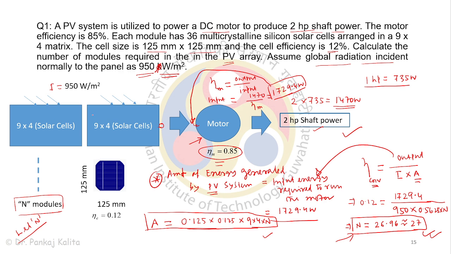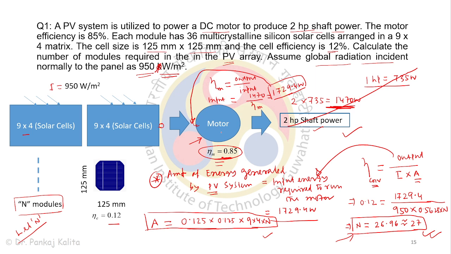So each module has 9 cross 4 solar cells. Each cell size and efficiency is given. We have been asked how many of these modules are required to power this motor, which has its own efficiency, and the output power is 2 horsepower. So 1 horsepower is 735 watt. This is the actual power that is utilized, but this is your output power.